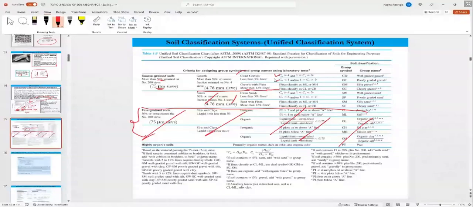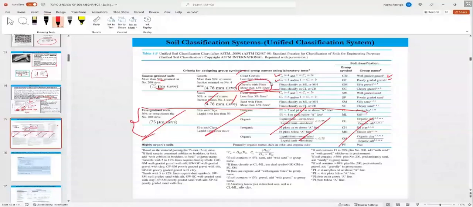Check if the coefficient of uniformity is greater than 4 to be well graded gravel. If the percentage of fines was 12, then we have to do Atterberg limits for this.